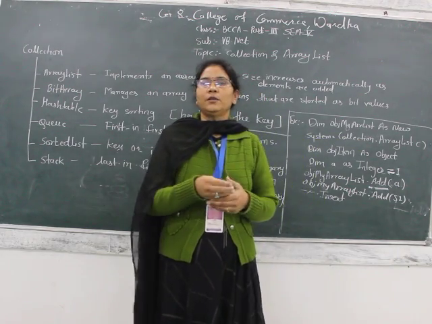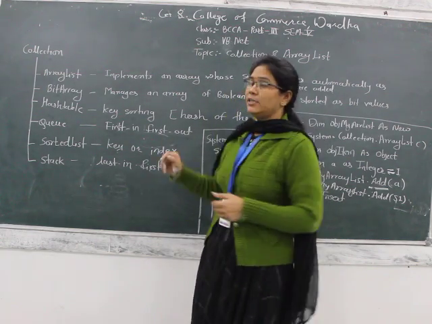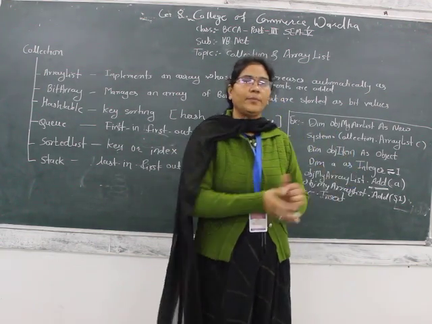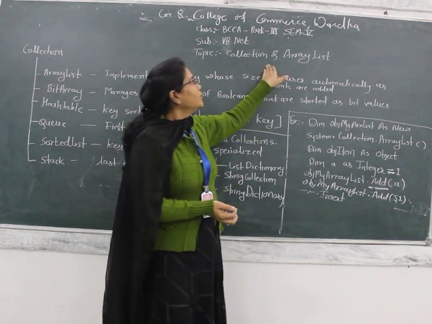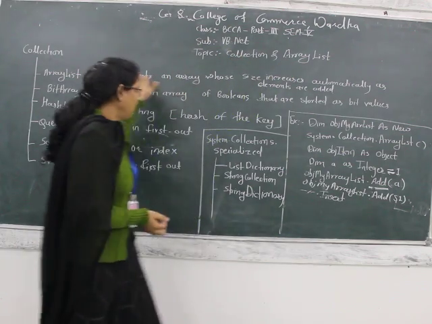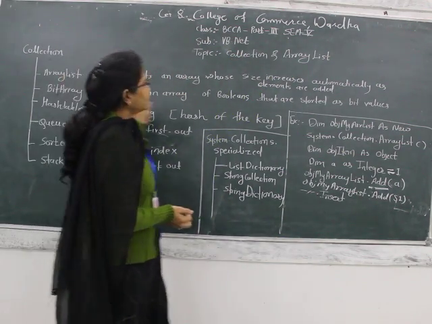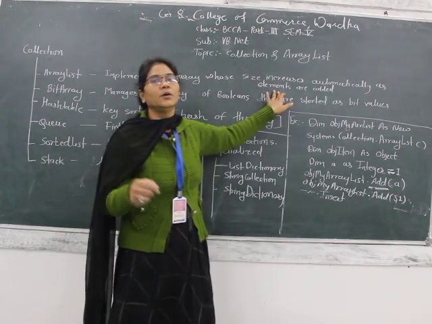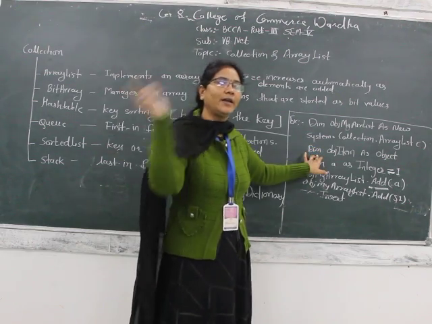So those operations or manipulations we can perform on the array list created by using the collection namespace. So this is nothing but the collection and array list. Collection provides such types of classes, and the array list gives us the mechanism to add, delete or insert elements at runtime.